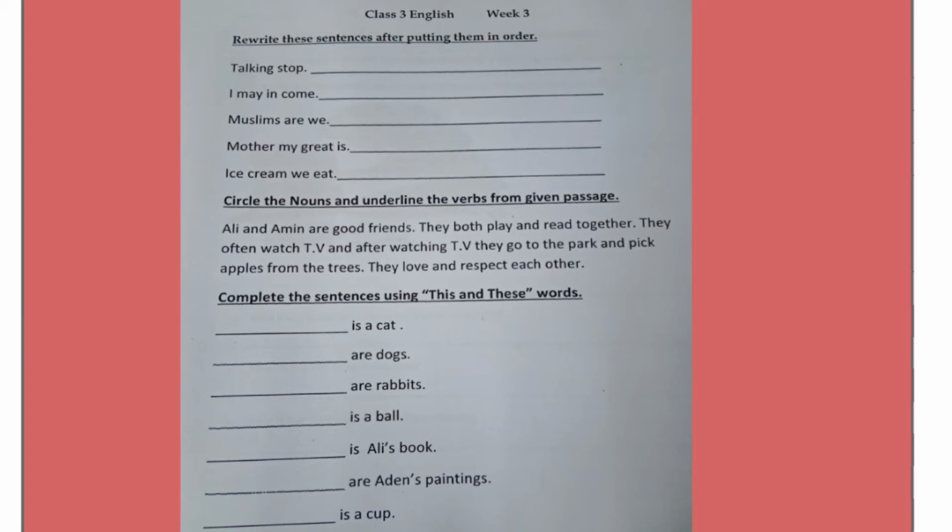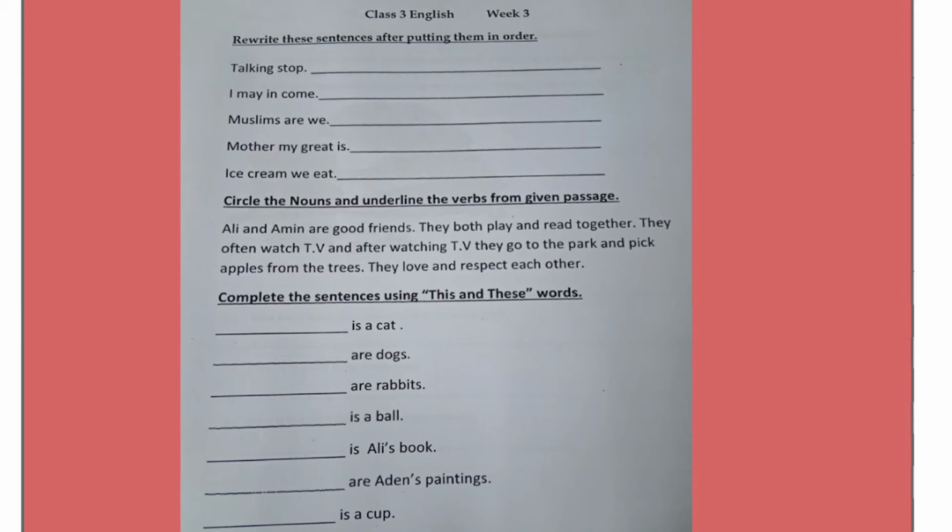They often watch TV. Watch is a verb, so underline it, and TV is a noun, so circle it. They go to the park. Go is a verb, underline it.